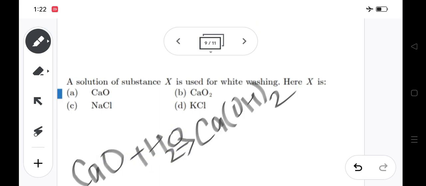So the answer is option A. Substance X is calcium oxide, CaO.